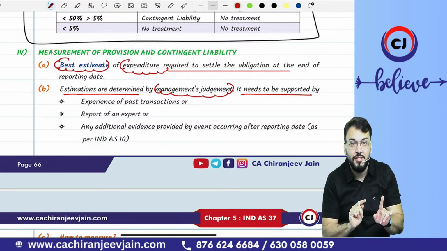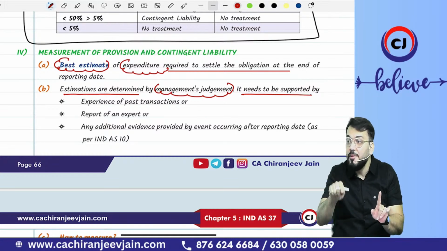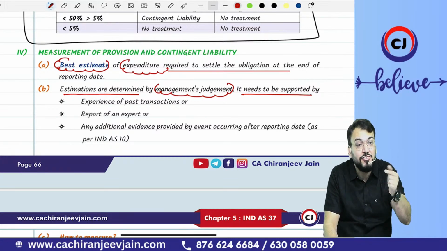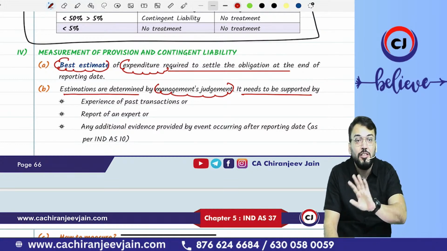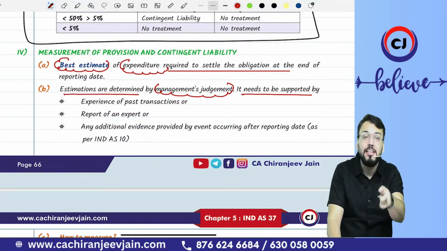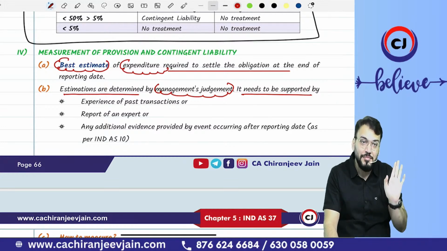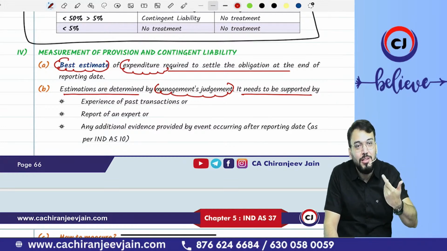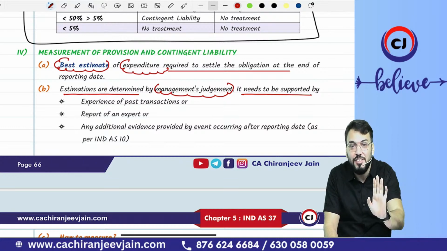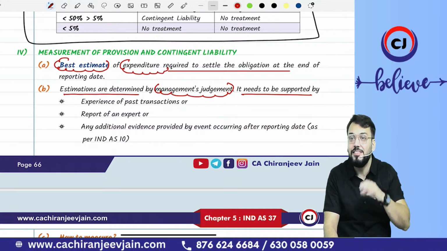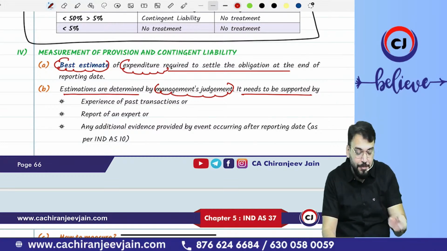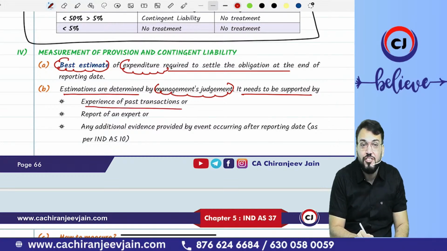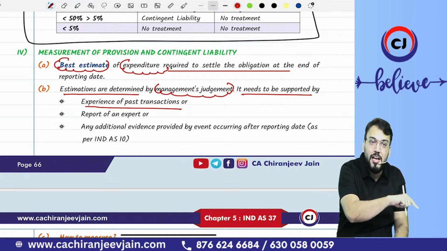As an auditor, you can cross verify the evidence, whether what management has given is as per the supporting evidence or not, but you are not the person who will estimate the figure. As chartered accountants, normally we do the estimation also, that is a different point, but we are not the experts in that. So it should be supported by experience of past transactions.